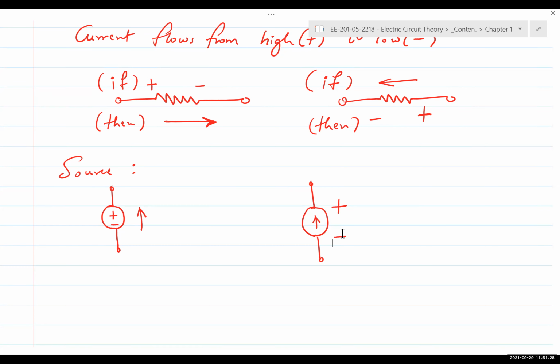Now, when we solve circuits, remember I said we assign voltage polarities and current directions randomly, right? So let's look at an example.